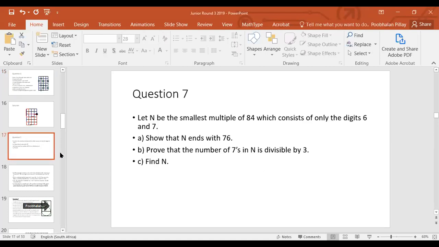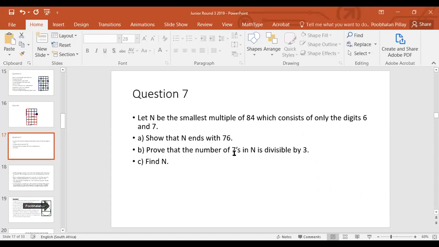This is question 7. The question says, let n be the smallest multiple of 84, which consists of only the digits 6 and 7. Show that n ends in 76. There are 3 parts to it. Prove that the number of 7s in n is divisible by 3.